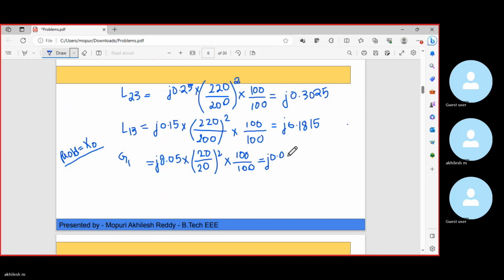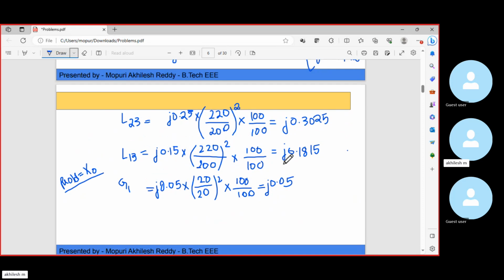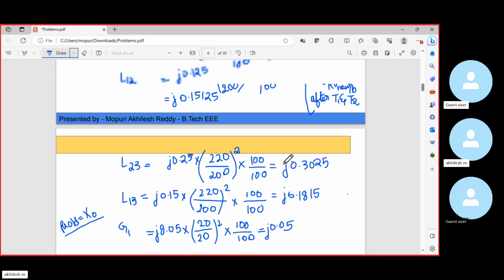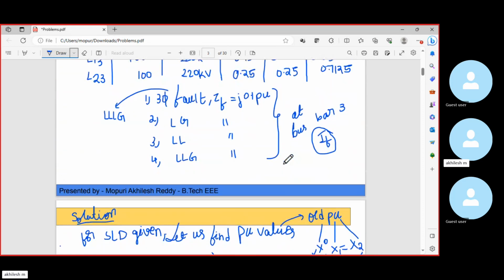Now coming to generator 2, the X naught value is 0.05 only.